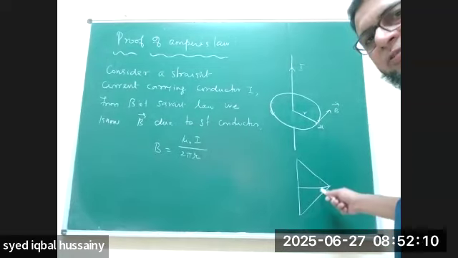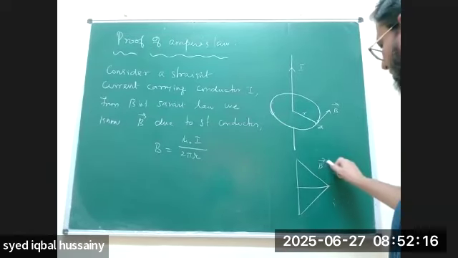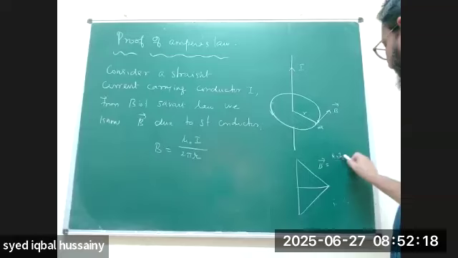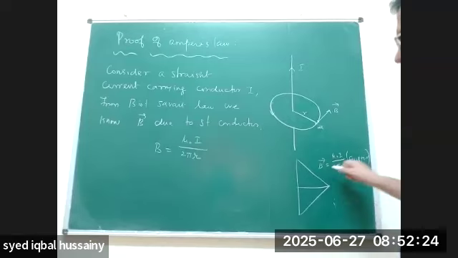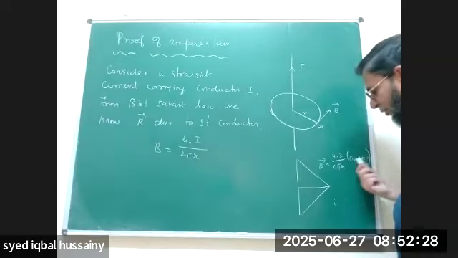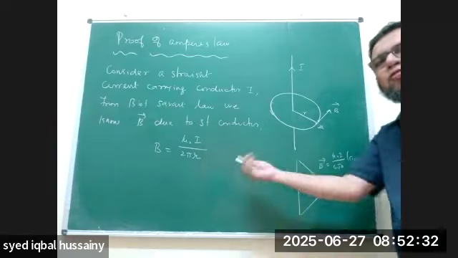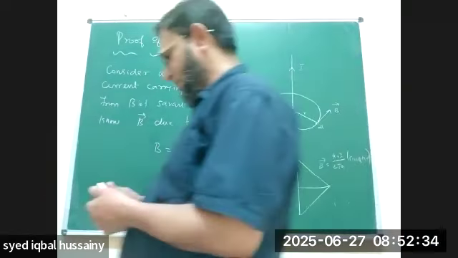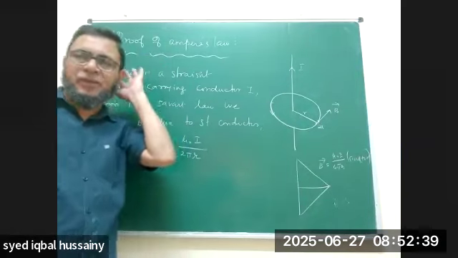Do you remember this question? Yes, sir. The formula we got is that B vector equals mu naught I by 4 pi a into sine phi 1 plus sine phi 2. In this derivation, we take this as 90 degrees. So sine 90 plus sine 90 is 1 plus 1, 2. So 2 by 4 gets cancelled: mu naught I by 2 pi r or 2 pi a. You can use both. Now we are going to do the proof of Ampere circuital law.